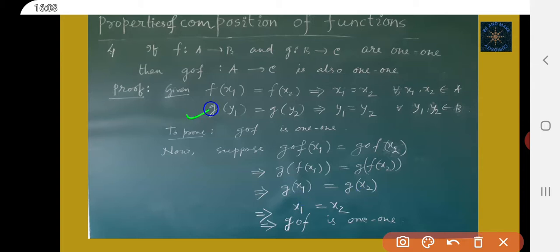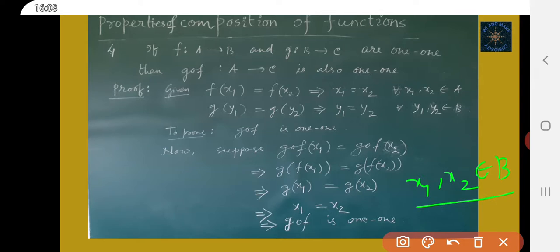And you know g is a one-one function. So for all values of y1 and y2, g of y1 is equal to g of y2 implies y1 is equal to y2. Here x1 and x2 belong to B.